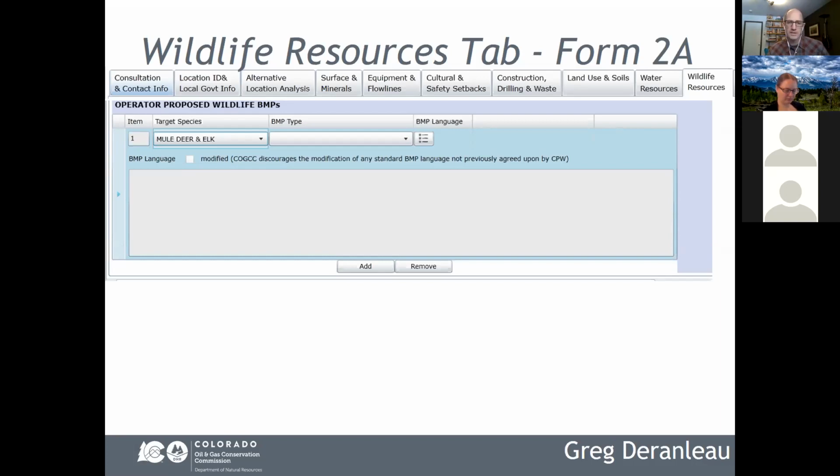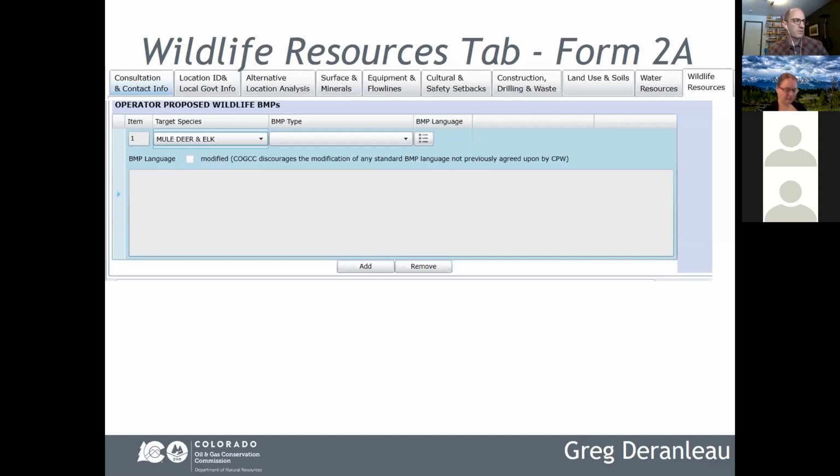Wildlife BMPs are one exception, and our guidance document on the BMPs will lay out a few others. Because we have this data grid built and we have specific language for BMPs provided by CPW for the various species-specific habitats, we do still want you to use this BMP tool.